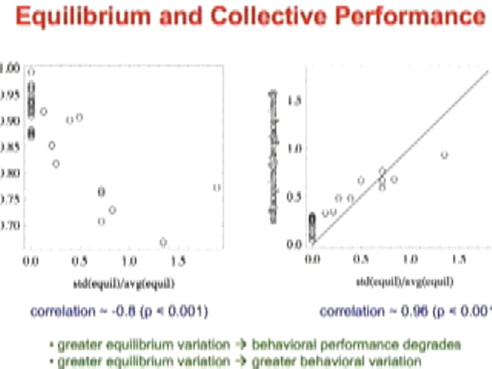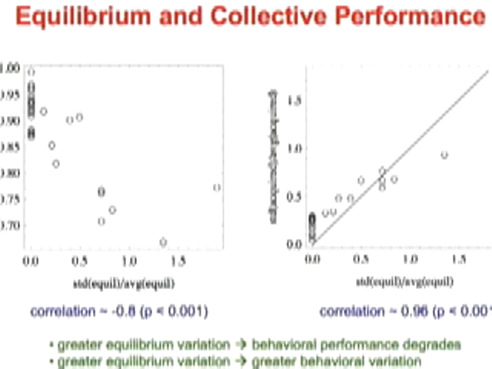What I'm showing you here on the left is a scatter plot with a little circle for every network and every experiment. On the x-axis is a normalized measure of the standard deviation of the equilibrium wealths. So this axis measures, according to the equilibrium theory, how much inequality there needs to be in order to achieve equilibrium.